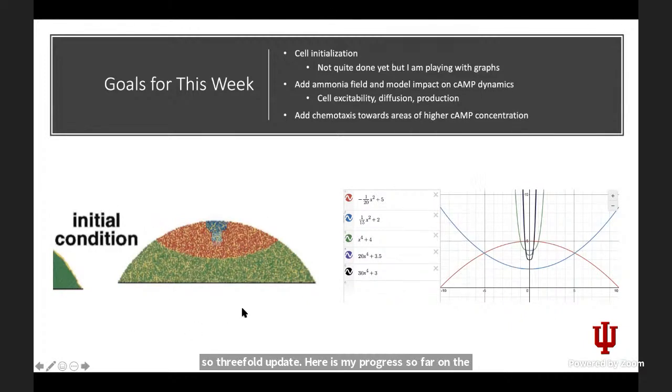Here is my progress so far on the cell initialization. On the left, we have the initial condition. This is what we're going for. And on the right, we have a series of graphs that are beginning to represent this initial structure. So we have the different cell types. There are some others in this graph that aren't necessarily visible. For this exercise, I was just going for the major structures.